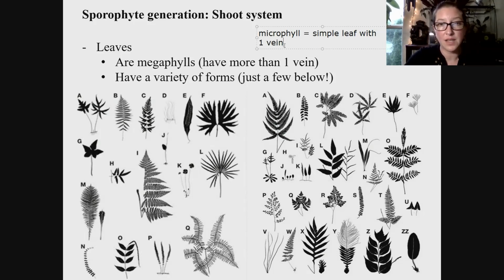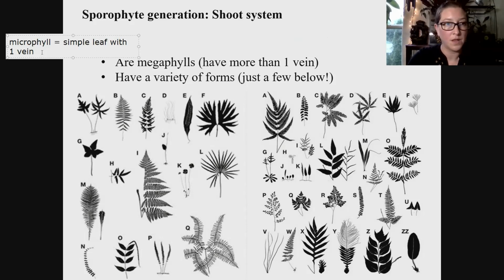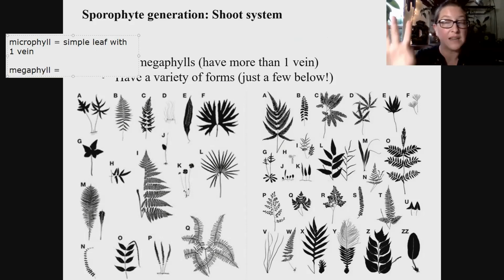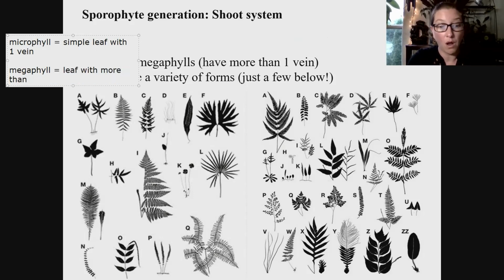Here we go. Microphyll, simple leaf with one vein. Megaphyll is not necessarily simple. It could be compound too. So we'll just say a leaf with more than one vein.